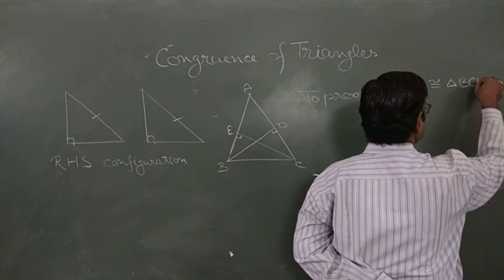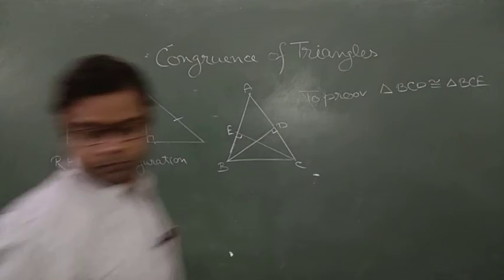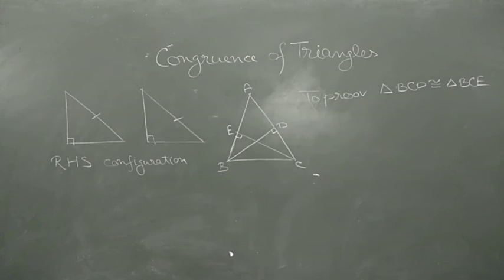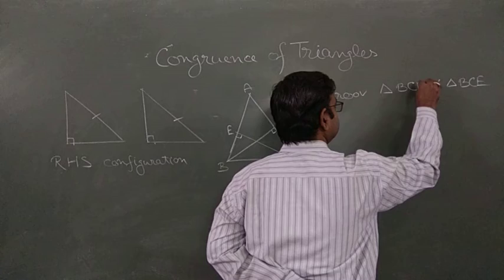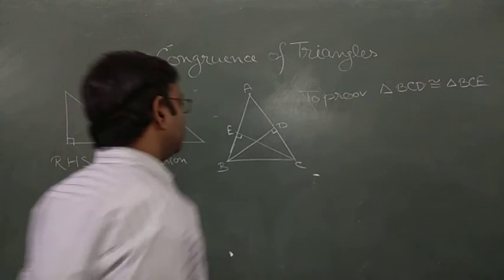I hope you are able to see it on the screen. Let me check. Yes, it's up to the end of the screen. To prove that triangle BCD, it's D, not B. It's a D. Clear?